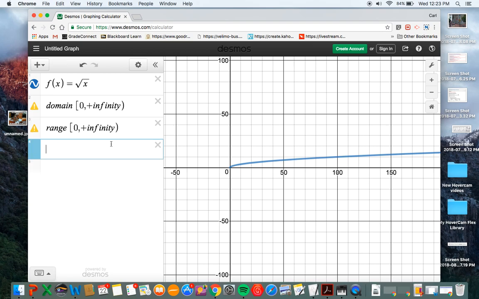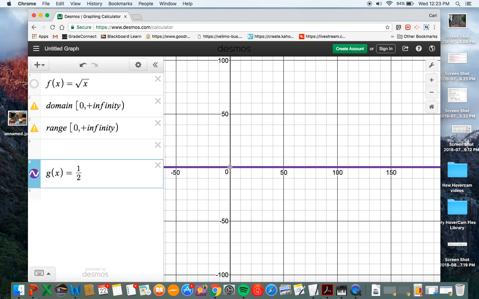So the first example has us using transformations to graph this new function. We already used f of x, so let's use g of x, equal to 1/2 times the square root of x, minus 2.